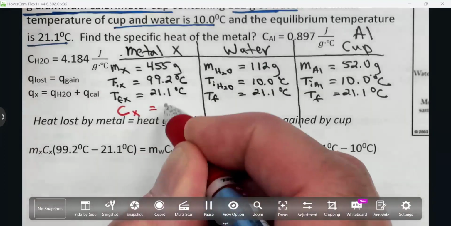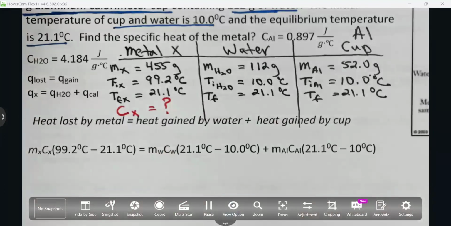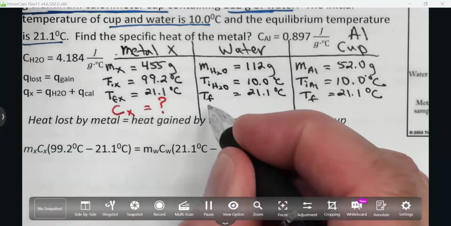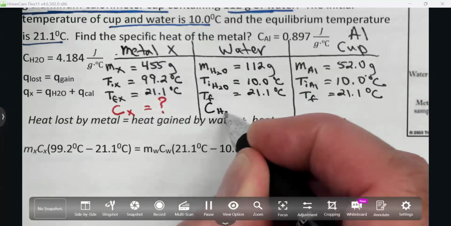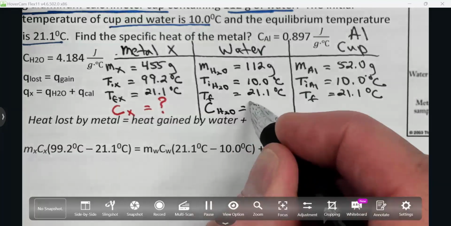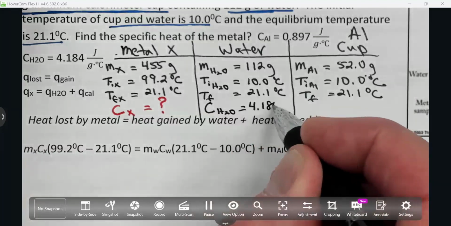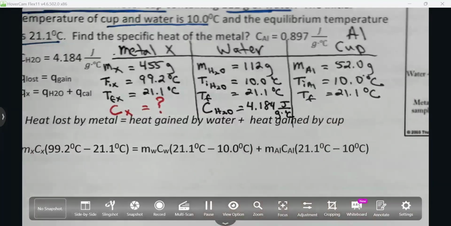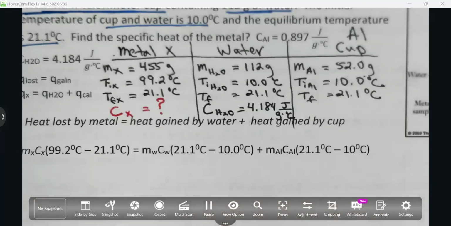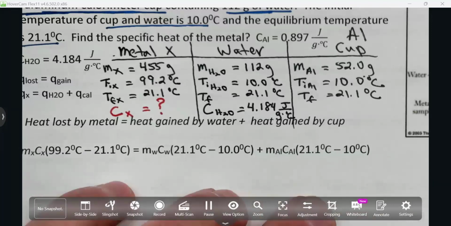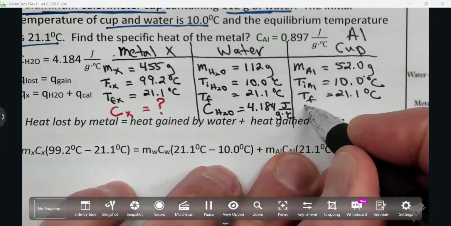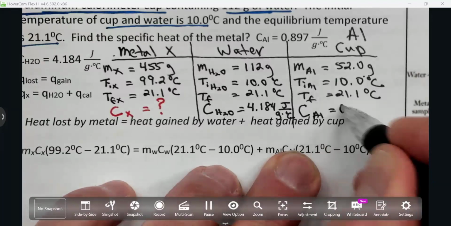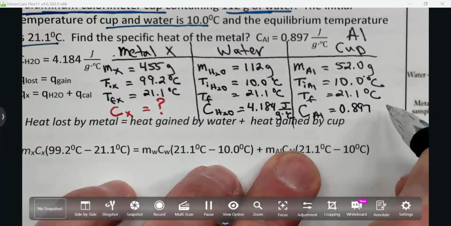I'm looking for my specific heat of my metal here. My specific heat of the water, 4.184. My specific heat of my aluminum is 0.897.